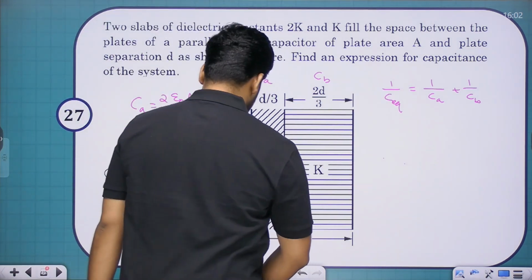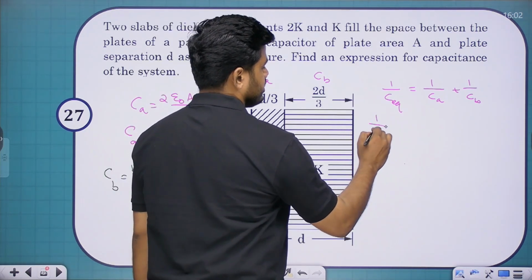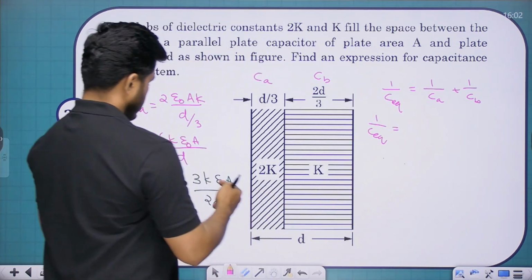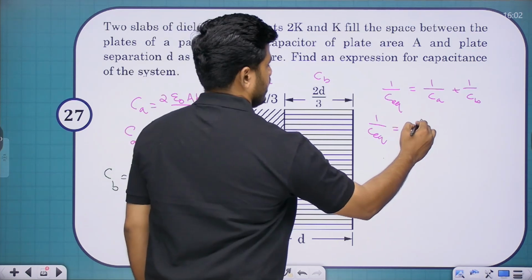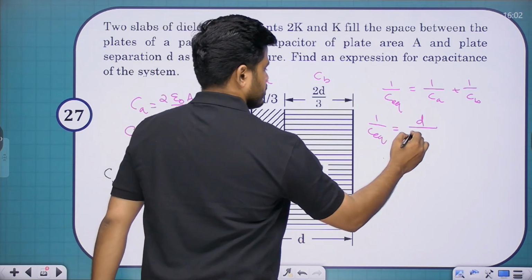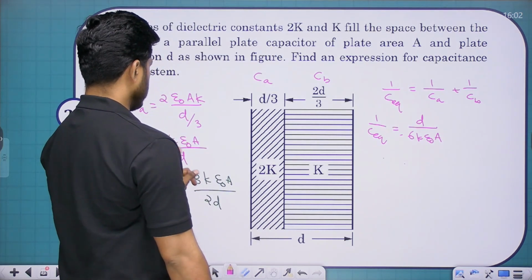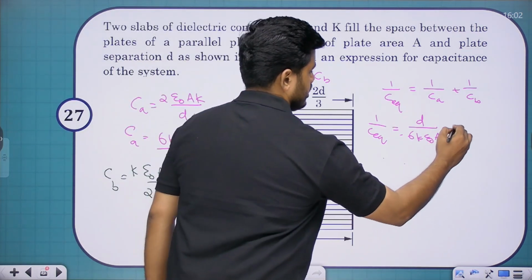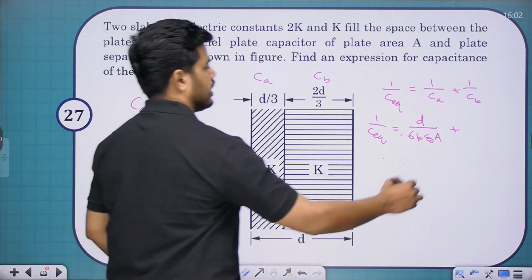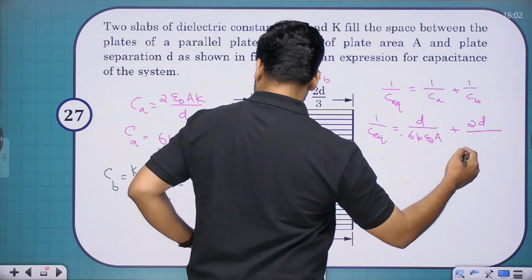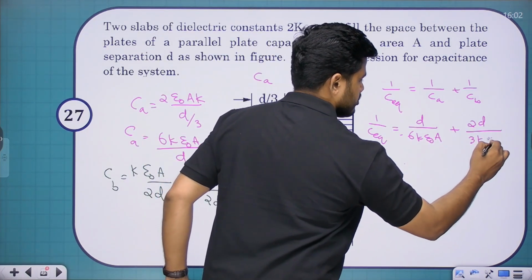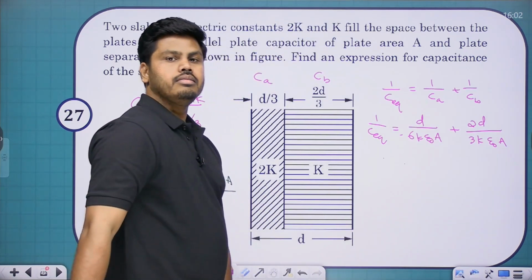Now you can proceed here. What will you get? 1 by C equivalent is equal to the reciprocal of CA, D divided by 6K epsilon 0 A, plus CB, which is going to be 2D divided by 3K epsilon 0 A, right?